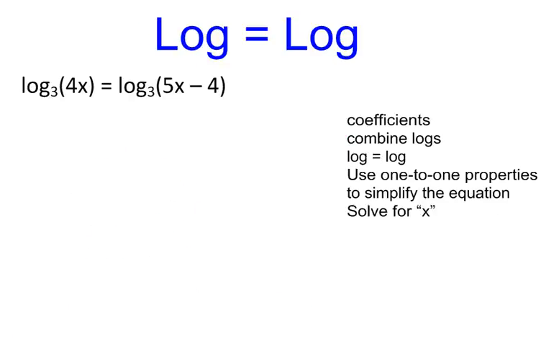Alright, next let's do a couple examples when we have log equals a log. We've got to condense our logarithmic equations as we need to, and then when logs are on both sides, we use our one-to-one property. In this case, there's no coefficients or condensing. I have log equals a log. I use my one-to-one property.